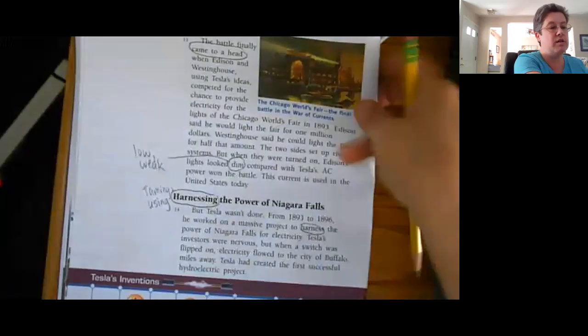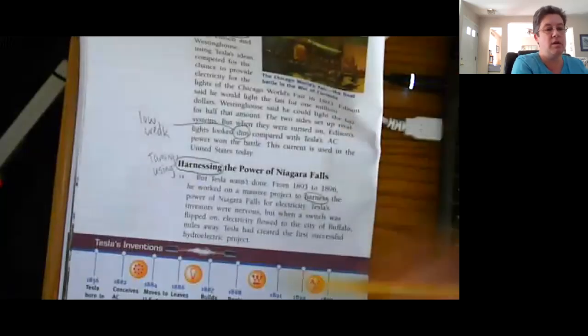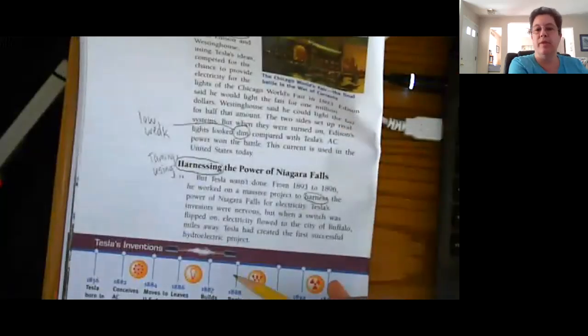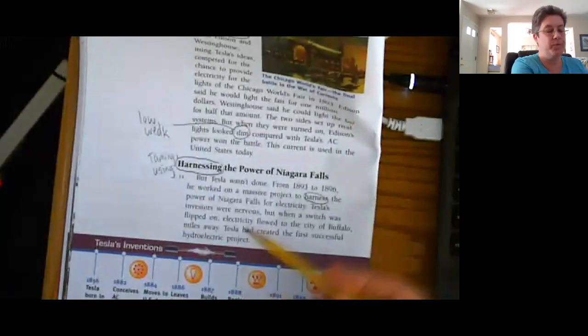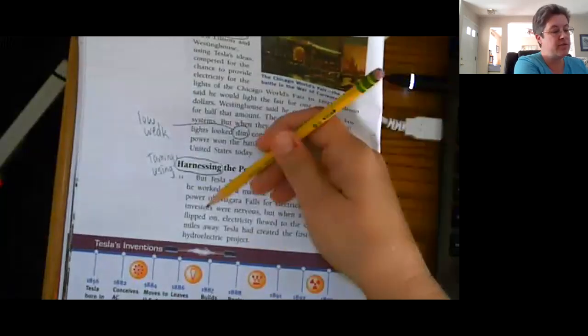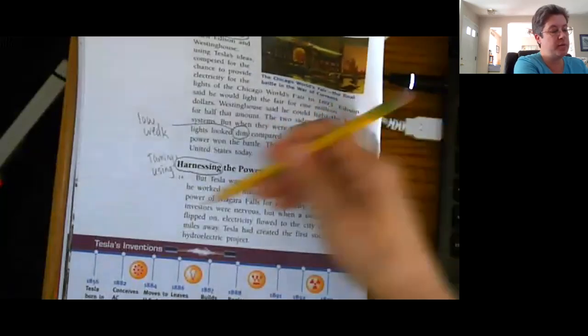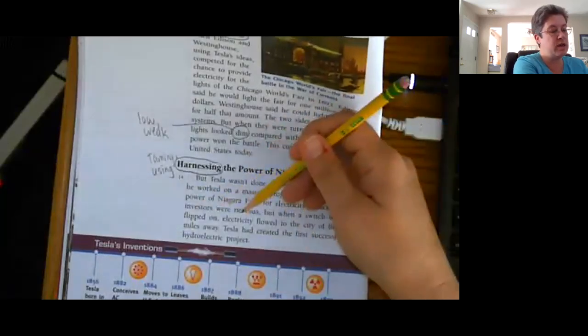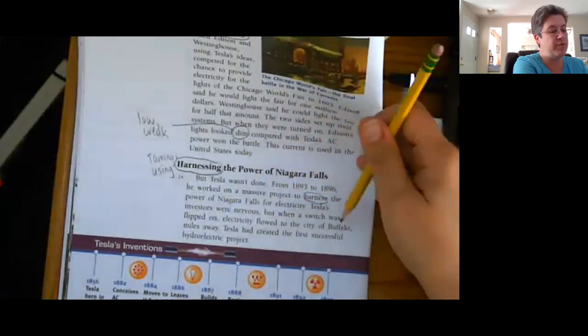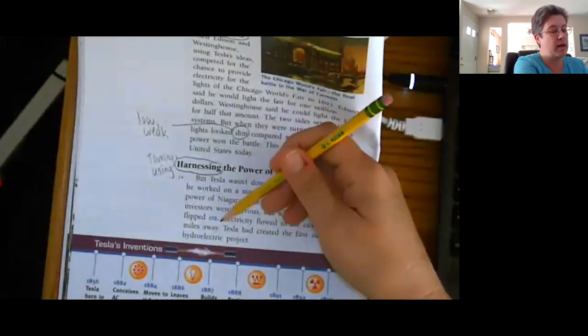And Niagara Falls is one of the biggest falls in the world, the biggest in the United States. Tesla's investors were nervous, but when a switch was flipped on, electricity flowed to the city of Buffalo, miles away.